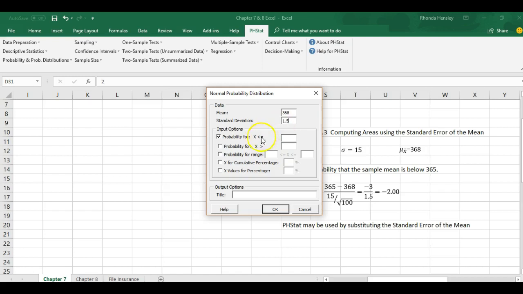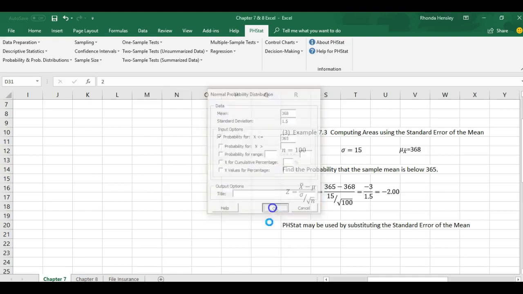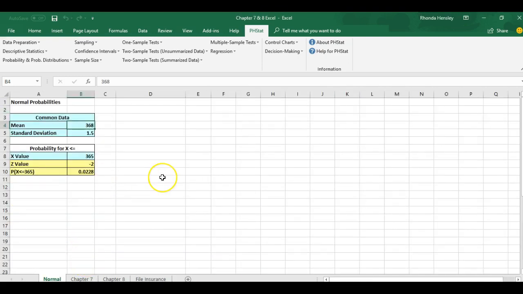So use the standard error of the mean. And what we want is actually what comes checked here. We want to know the probability that's less than 365. And I just say okay, and it creates a whole new page. And there it is. So the probability of that occurring is about 2.28% chance. So there's your answer. Or again, you could look it up with the negative 2.0. Anyways, that's how you do that.